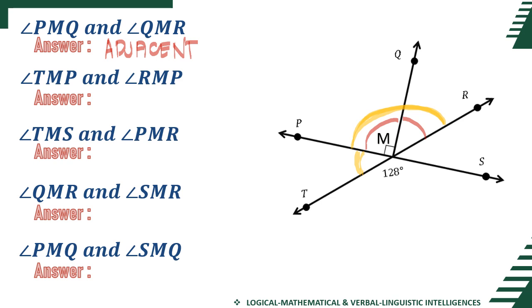We all know we have one specific relationship for this kind of angle. If they are both supplementary and adjacent, the relationship is called a linear pair. Very good. It's a linear pair. They are both adjacent and supplementary.